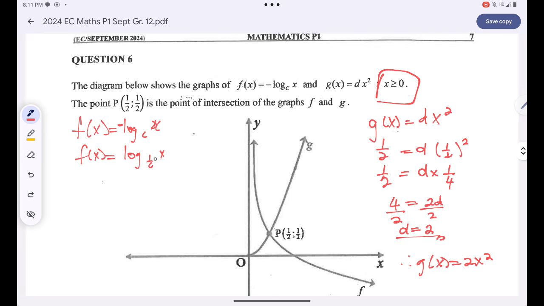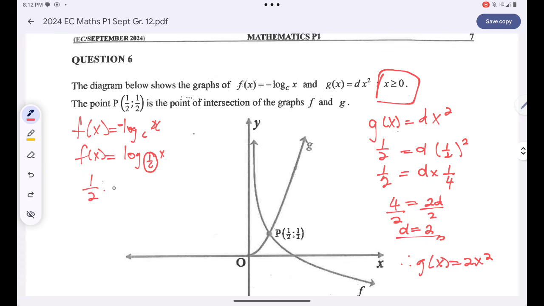If I want to remove this 1 over c, I just need to put a negative over there, and hence I'll have that expression. So these two things are one and the same thing.